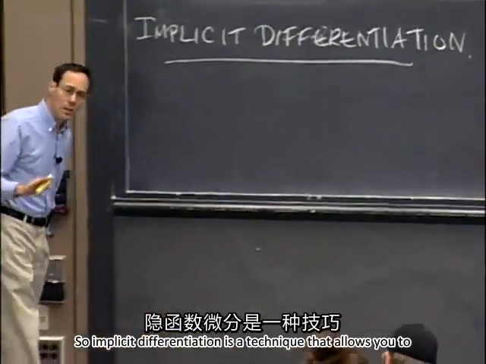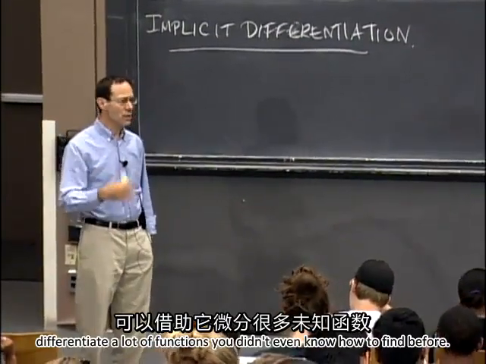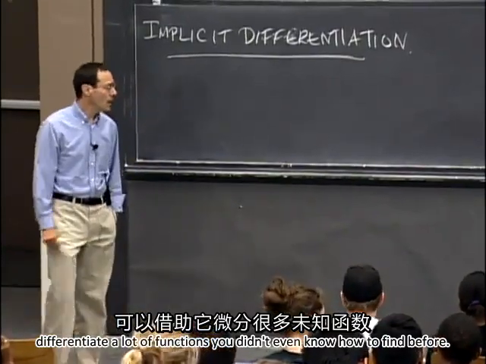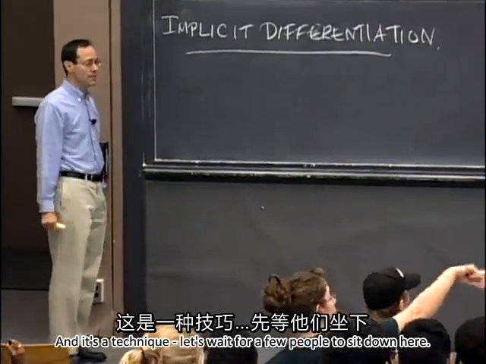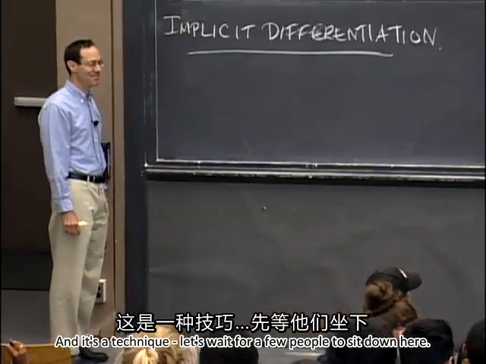Implicit differentiation is a technique that allows you to differentiate a lot of functions you didn't even know how to find before.